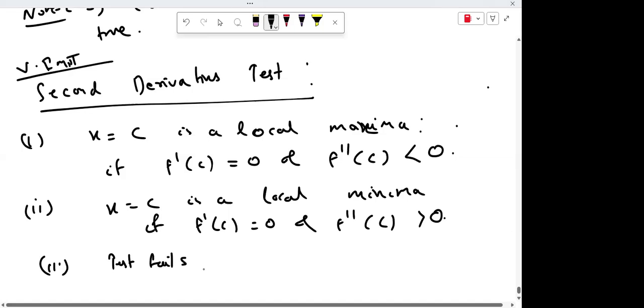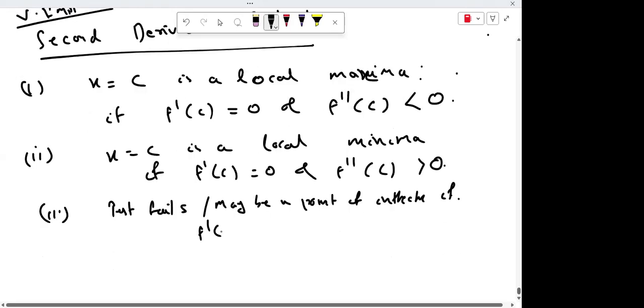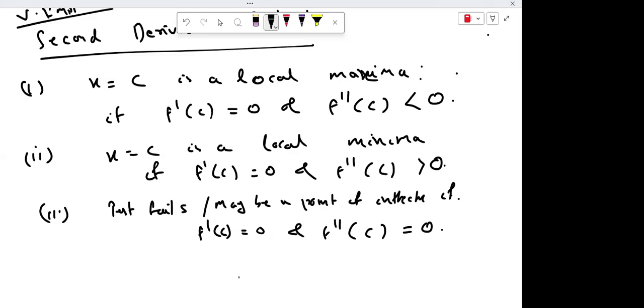Test fails, may be a point of inflection, if f dash c is equal to 0 and f double dash c is also equal to 0. Note it down and I will explain this through a question.